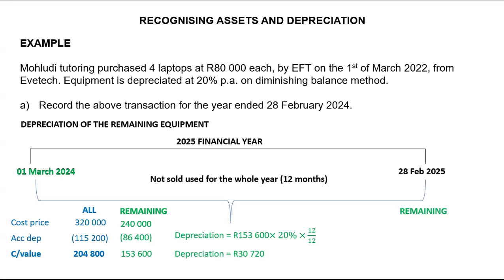So the remaining, at the end of the year, the cost of the remaining will be 240. Accumulated depreciation of the remaining will be 117,120, which is accumulated depreciation of the remaining at the beginning of the year plus current year depreciation of the remaining. It'll give me accumulated depreciation at the end of the year. So carrying value of the remaining at the end of the year will be 122,880.